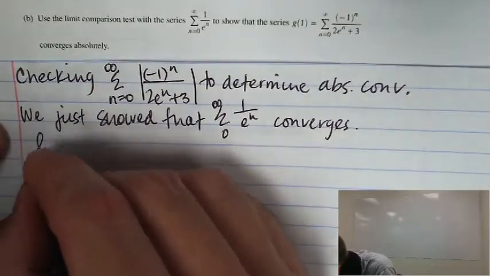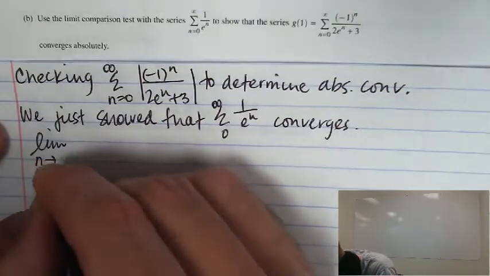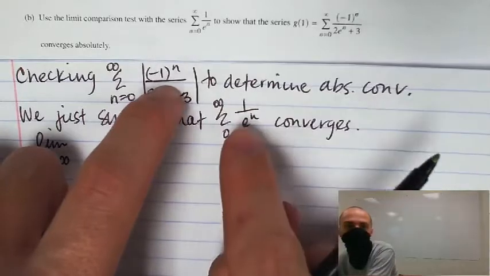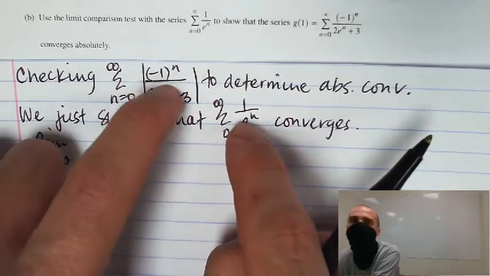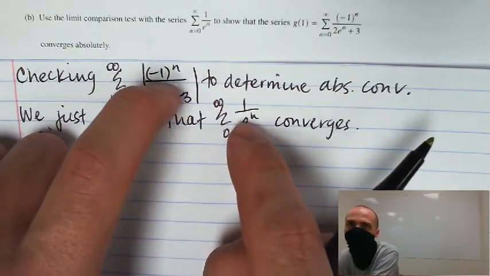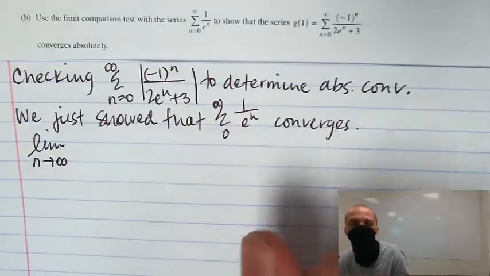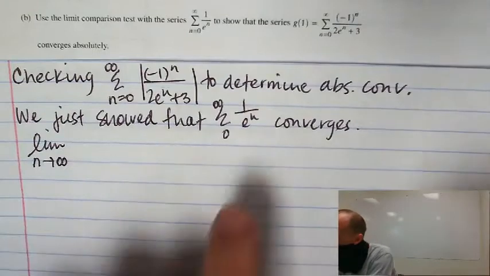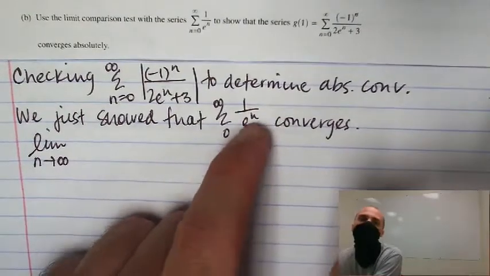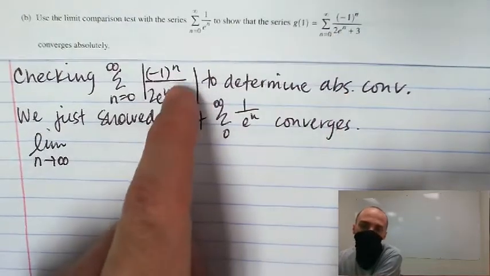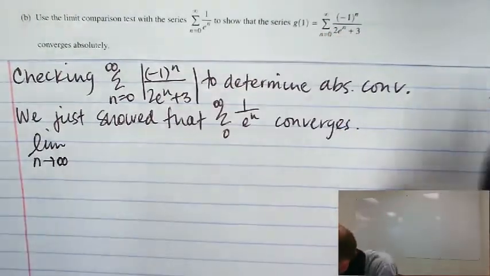Okay, now I'm going to consider the limit as n goes to infinity of the ratio of the terms of this series to the terms of that series. And if that limit is positive and finite, as in greater than 0 but less than infinity, then we will be able to say that they have the same converging or diverging behavior. And because I know this one already converges, I'll be able to say that that converges, which means that the original converges absolutely.